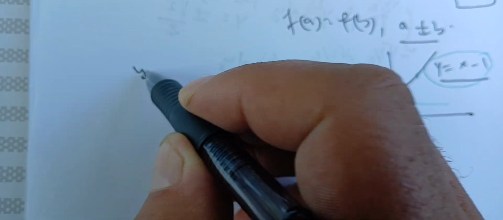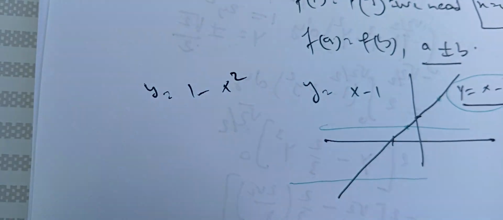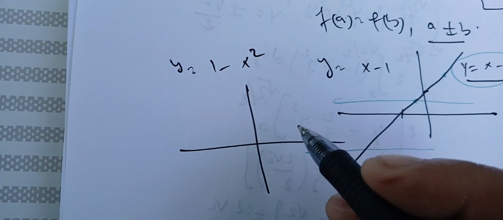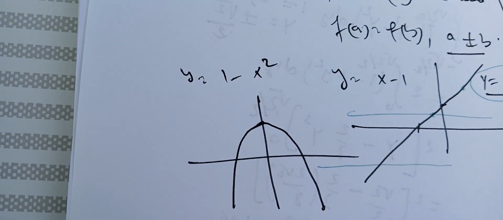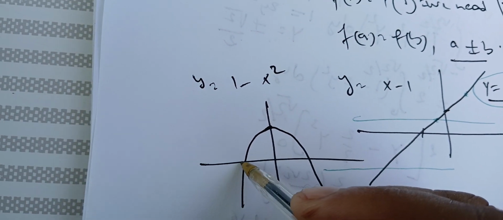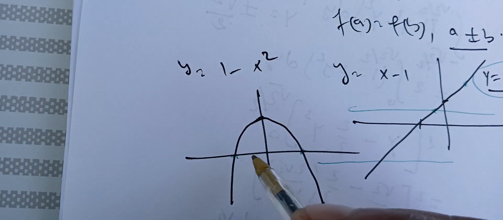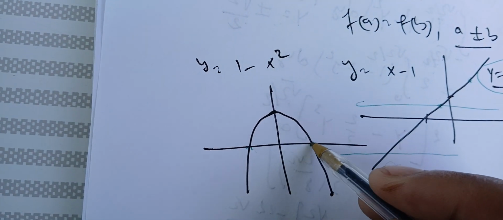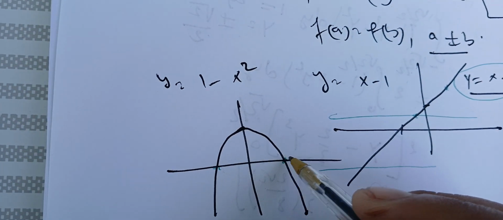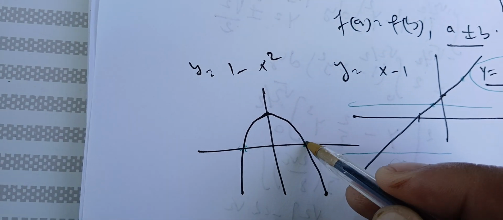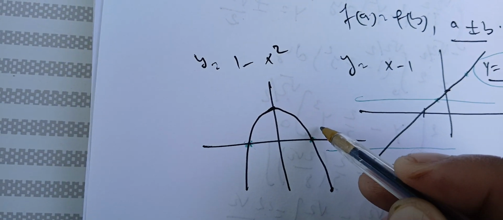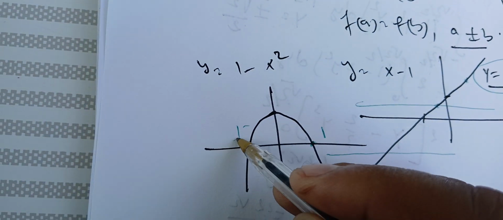If I have this function given by y equals 1 minus x squared, I can graph it. Here I see that the x-axis is a horizontal line. It crosses this function in these two points, 1 and minus 1.